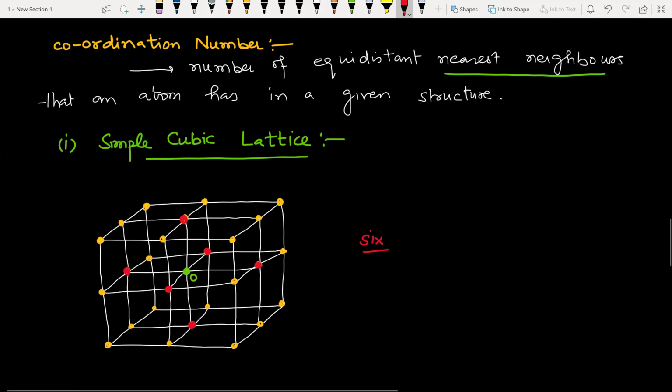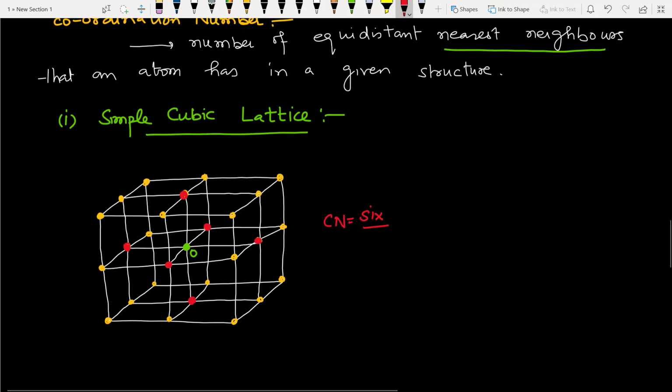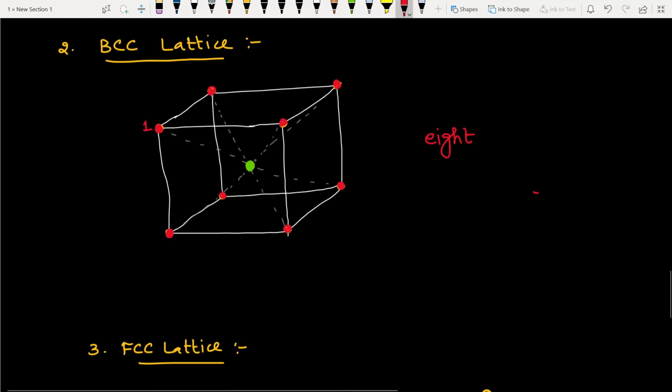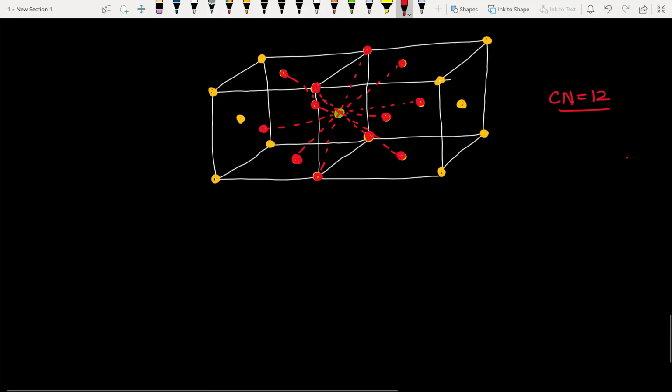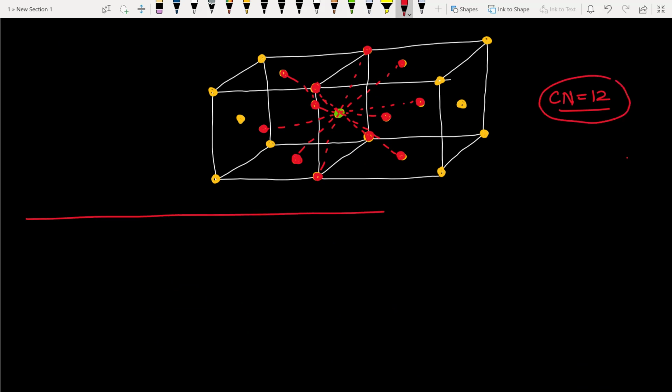So for simple cubic structure, coordination number is 6. For BCC it is 8. And for FCC it is 12. So this completes the coordination number concept. Next concept is atomic radius.